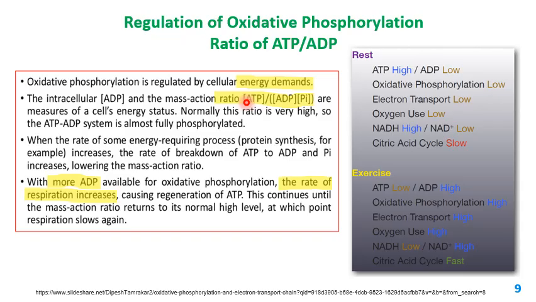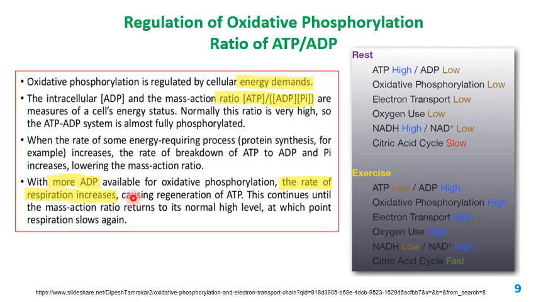Okay, so when this ratio tells you that you have more ADP than you have of ATP, overall your body is going to sense that and is going to cause you to breathe faster. Your respiration rate is going to increase.